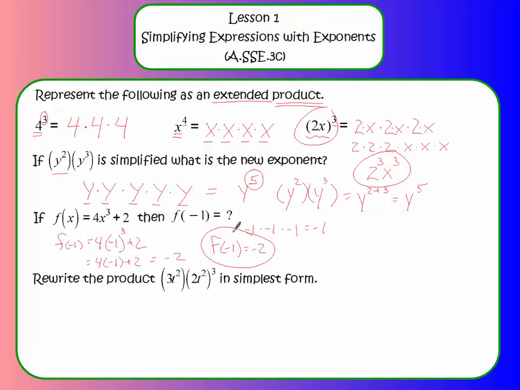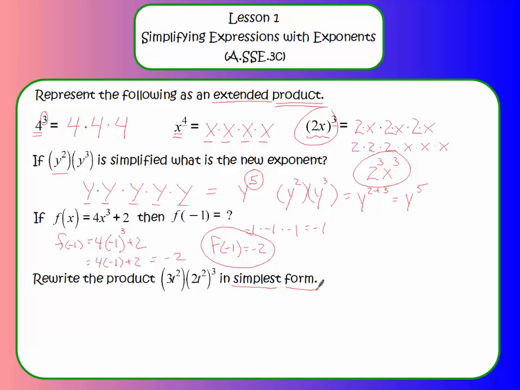All right, now this is a very common question, this last one here. It's going to tell us to take some sort of product of constants and variables with different exponents and write it in simplest form. Well, simplest form always means that I'm going to have one constant.